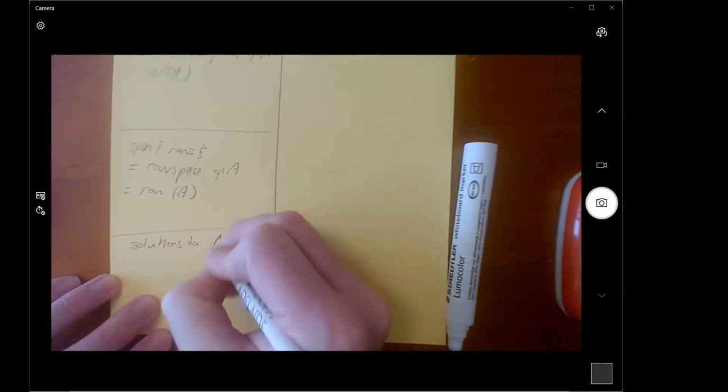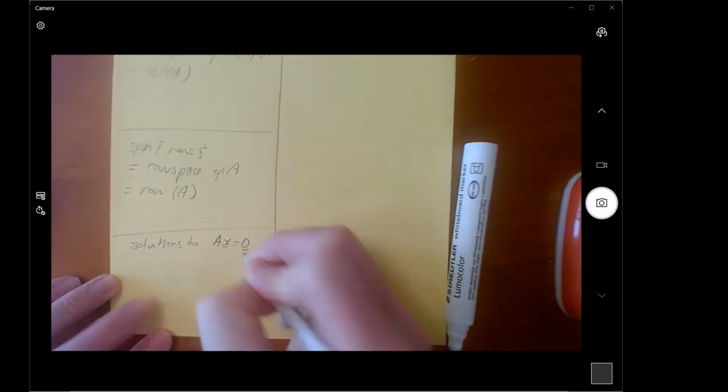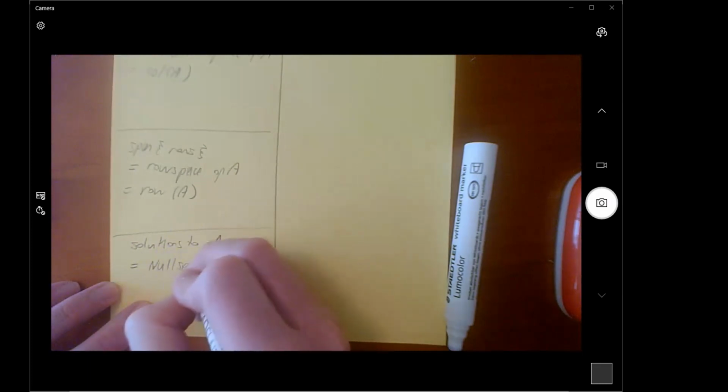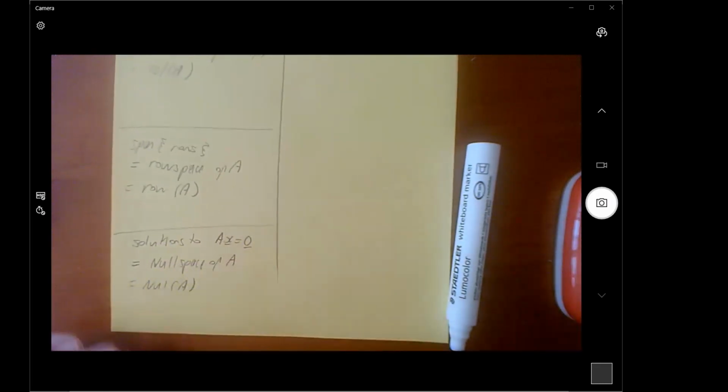So the solution to Ax equals 0, that's called the null space of A. And it's what I would get if I saw my matrix as the coefficients part of the equations, and I solve that.